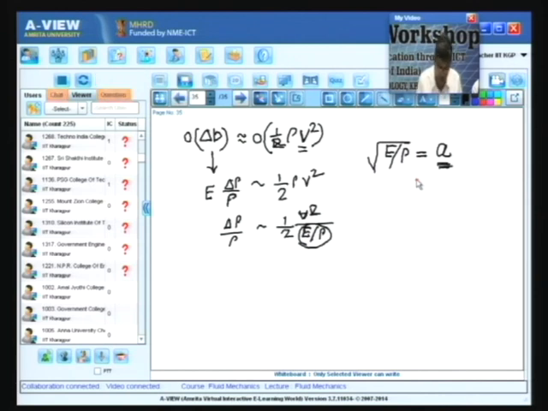So, if this is so, then this can be written as half of V square divided by A square.